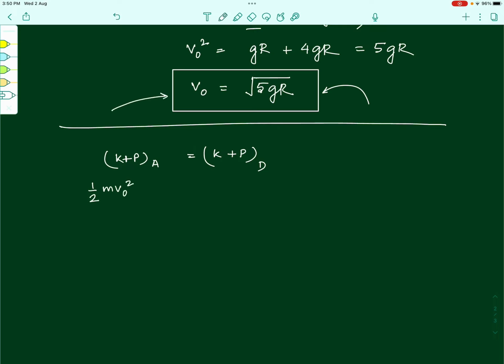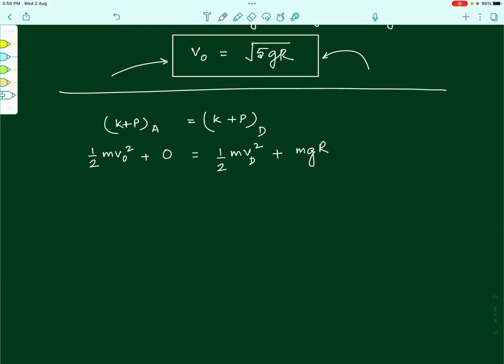So, we shall substitute it from here, plus the potential energy at A we have assumed to be 0, is equal to the kinetic energy at D. If we assume the velocity there to be some vd, we can write it as half mvd squared plus the potential energy of the point D. Because the point D is at a height of R, can we say mg into R will be the potential energy of the point D, right.